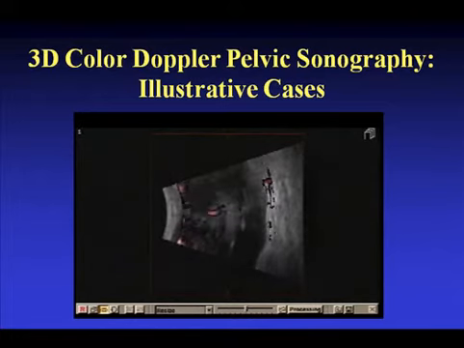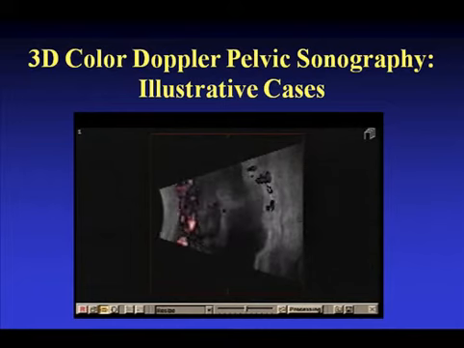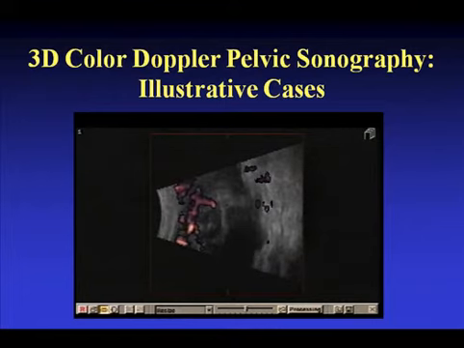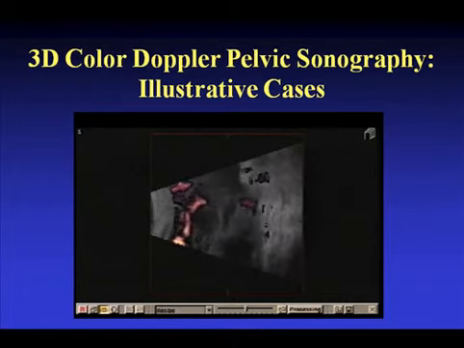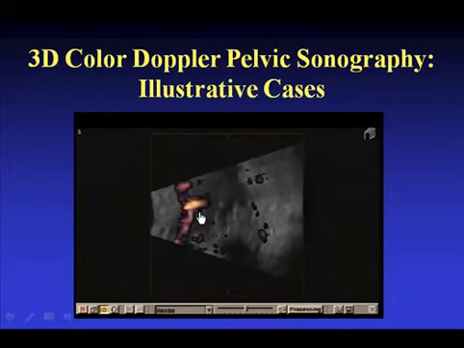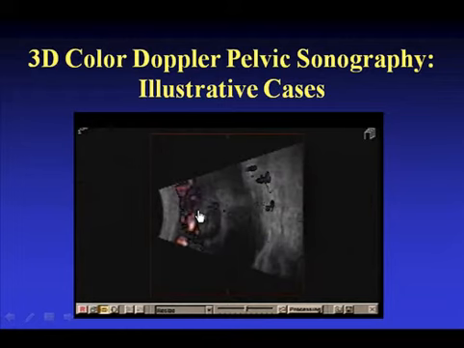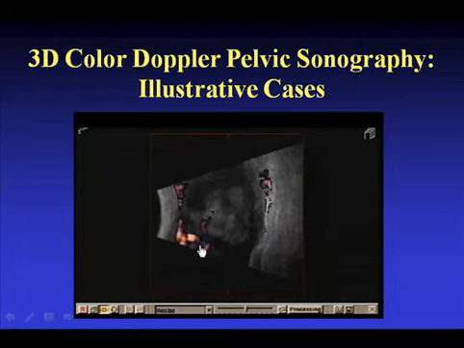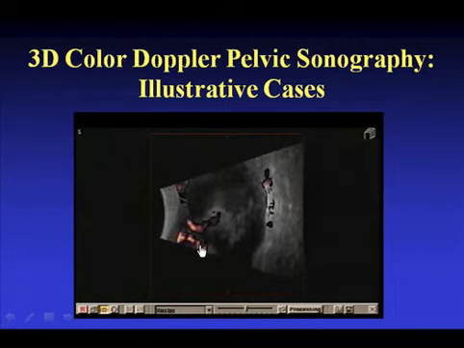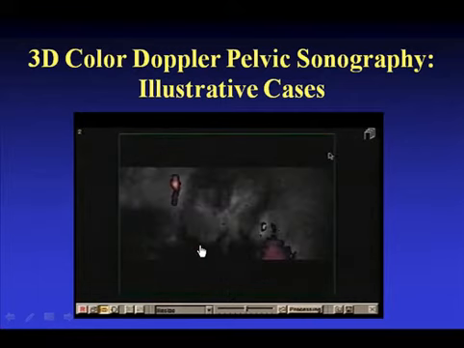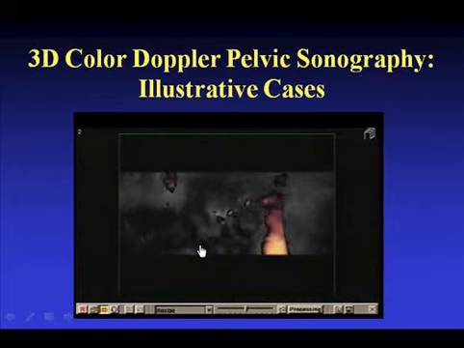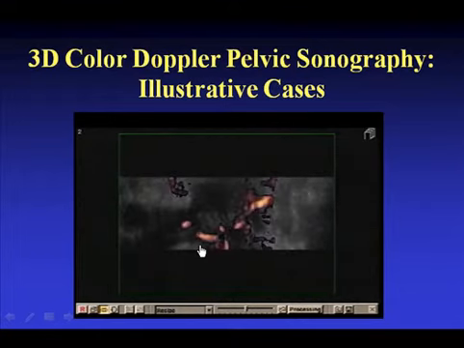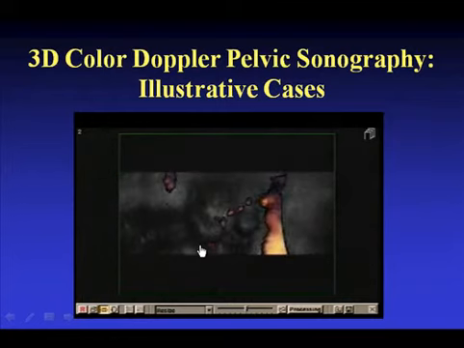Here are the multiplanar images that were obtained, and again we can see that the vessels course toward the center of the lesion right here. This is in the coronal plane showing the location of these abnormal vessels.